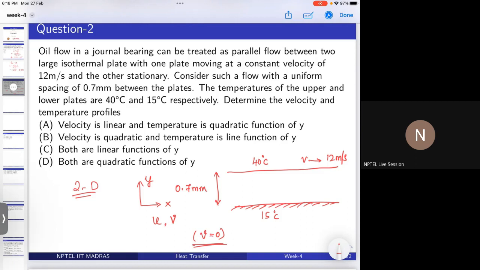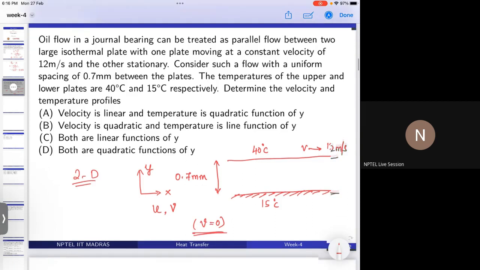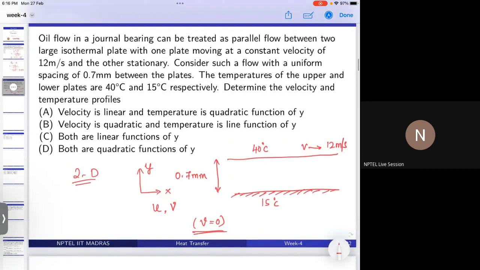So write the continuity equation. You will get some input from that, and use that input in the x momentum equation, or the Navier-Stokes equation in the x direction. Then cancel out the terms that are not required. Finally, we will arrive at a velocity profile.